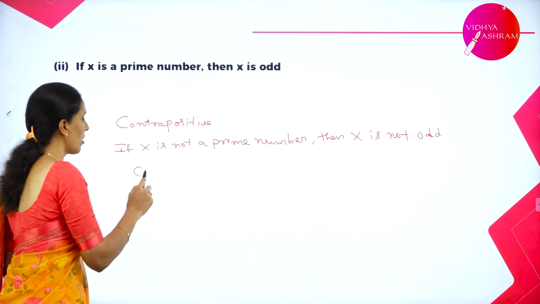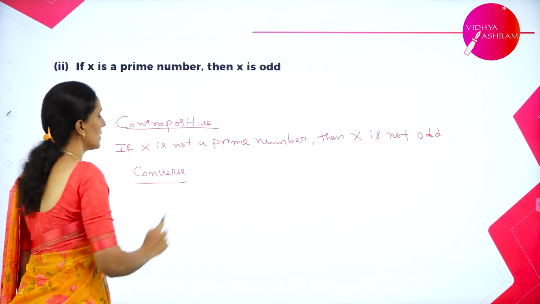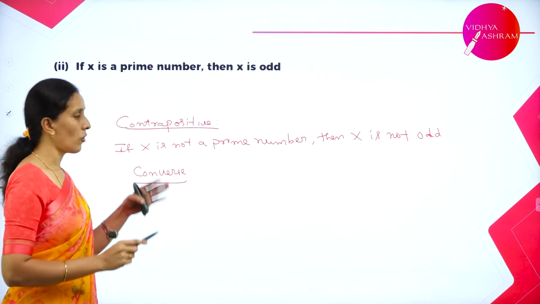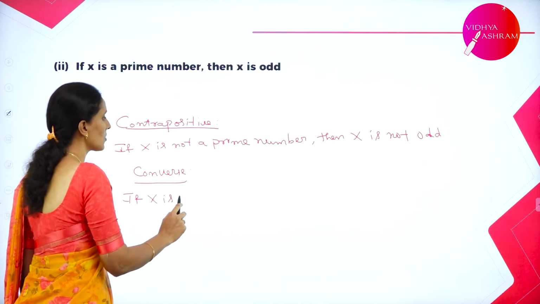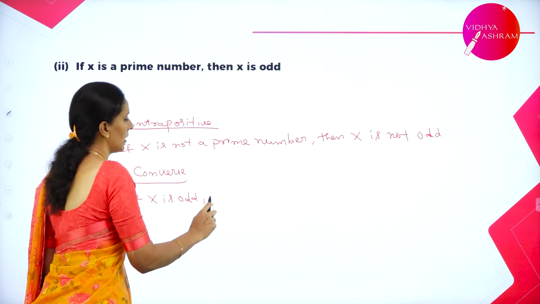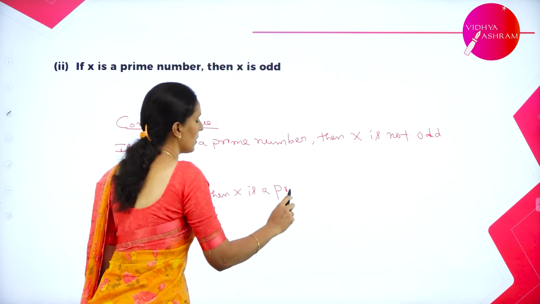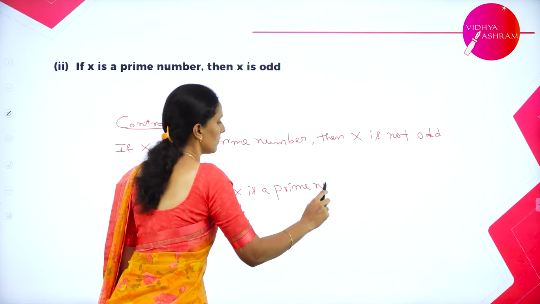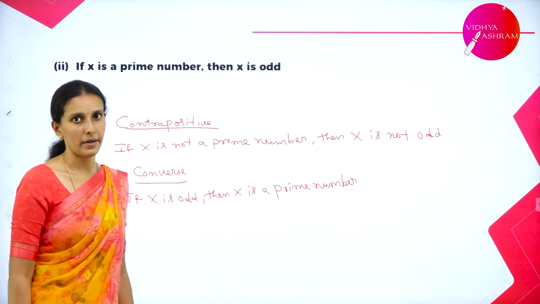Let us write the converse. The converse of the statement is vice versa of the given: if x is odd, then x is a prime number. So this is the converse of the given statement.